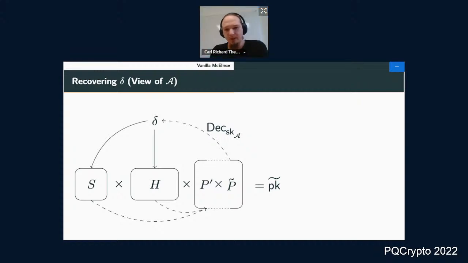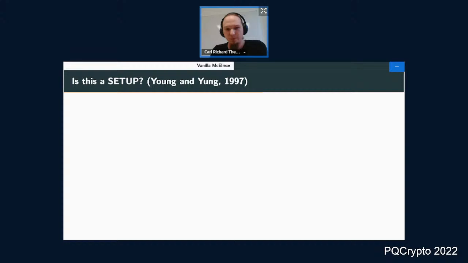Now we must discuss whether this is actually a backdoor. For this, we refer to the framework used by Adam Young and Moti Yung for setups, which are a formalism for these backdoors.